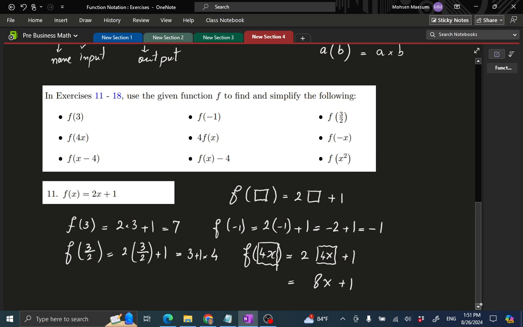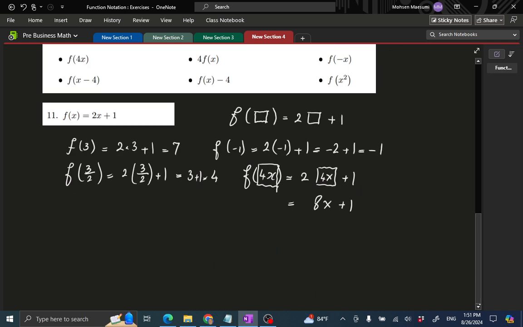This is called substitution. What we are doing here is substitution. Instead of the x that we had here, we are putting 4x. Of course, as you get used to this, they are not going to put the boxes for you. They just write 4x.